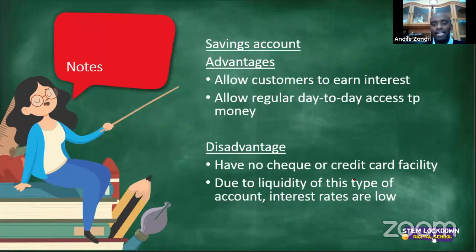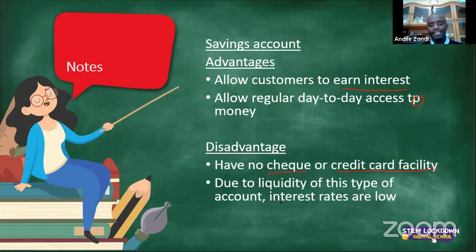Next, a savings account, this is where you're saving. Clients earn interest, which is good. And this account allows regular day-to-day access to your money. Disadvantage of a savings account: you don't have a checkbook, you don't have a credit card facility, so you cannot use the bank's money.